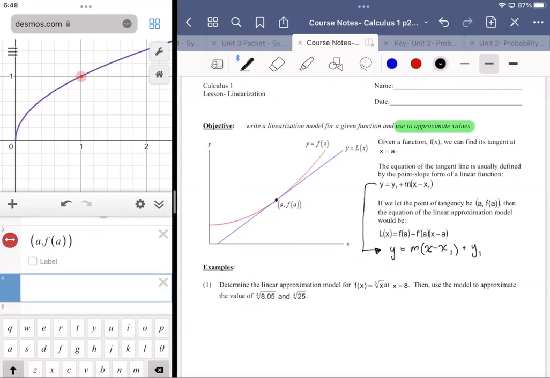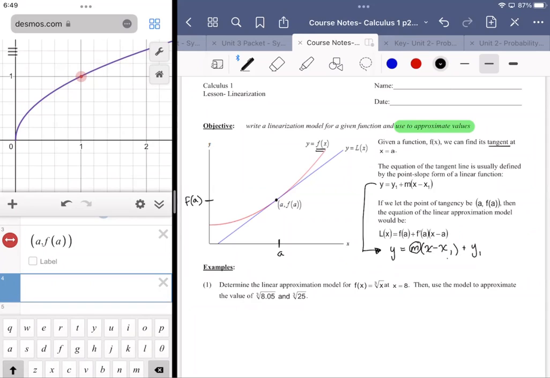That m is a slope, and we've learned throughout the last couple of units that a derivative is an instantaneous slope. So what we're looking to find here is the slope of a tangent line. The slope of the tangent line would be the derivative at some point along the curve. So if we're saying y is equal to some function f of x, and there's some point with an a value, that x value would correspond with a y value of f of a.